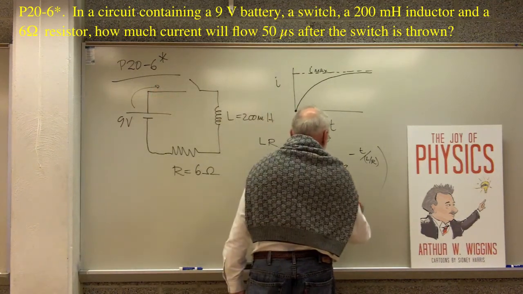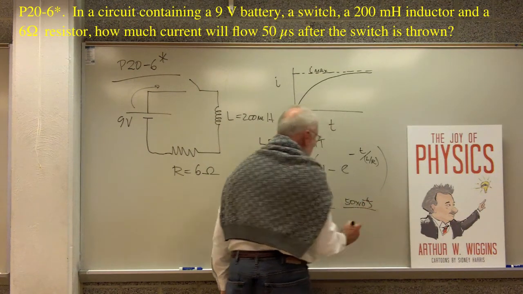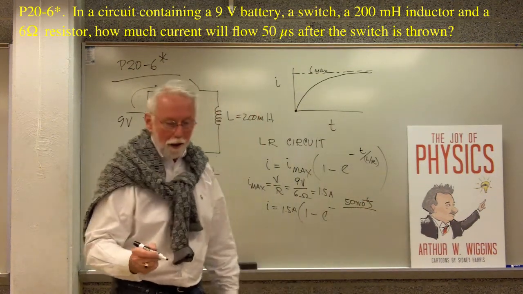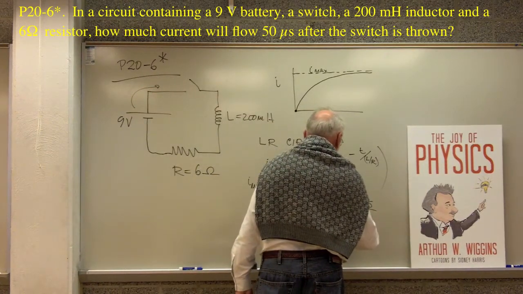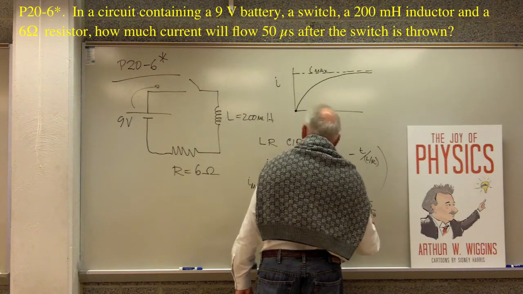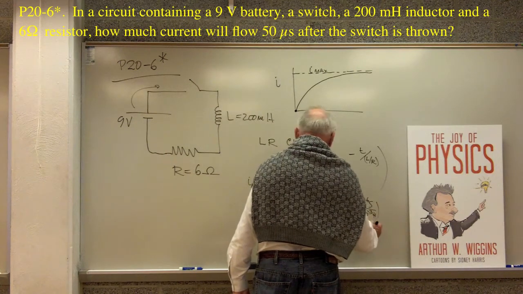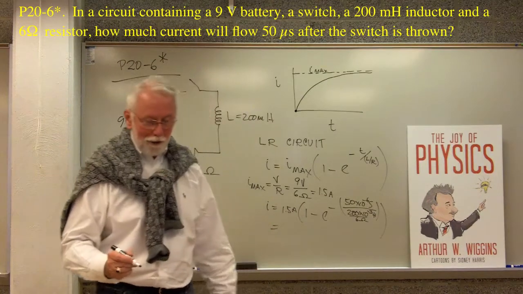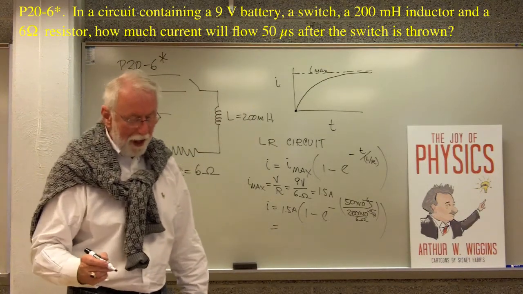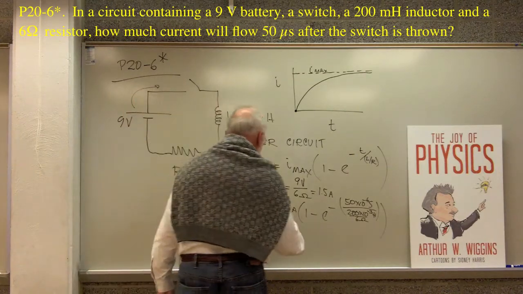So this is 50 times 10 to the minus 6 seconds divided by L over R. And L and R are 200 times 10 to the minus 3 henries divided by R, which is 6 ohms. So that's a complicated little expression. You get to work your calculator a little bit to make sure that all turns out to be fine. And the result of all this is 2.25 times 10 to the minus 3 amps.